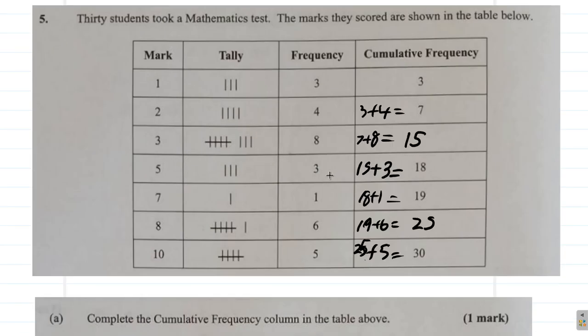Now the median mark is the mark that is in the middle of the distribution, after you have already organized them from lowest to highest or from highest to lowest. If there's an even number, there will be 2 in the middle, and you take the mean of those 2 as the median.